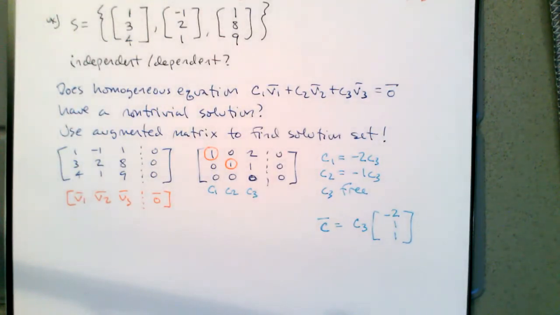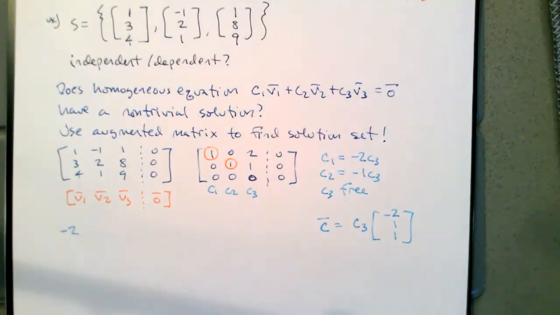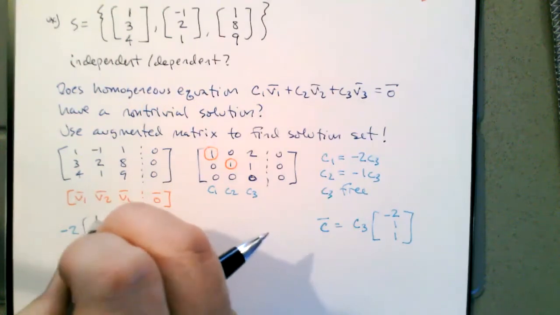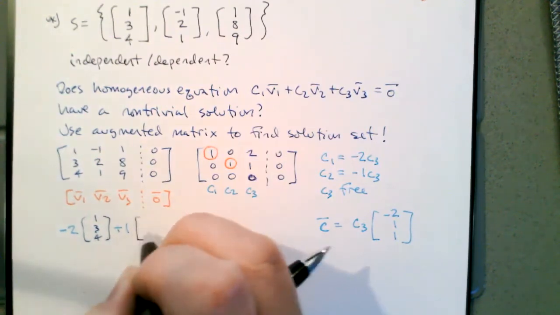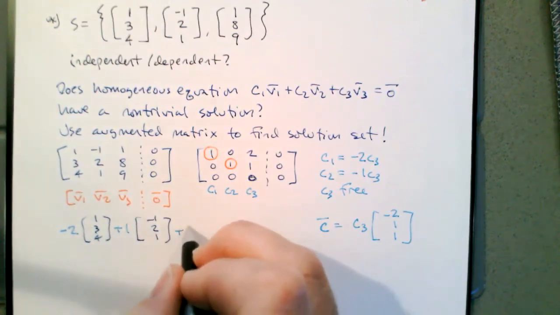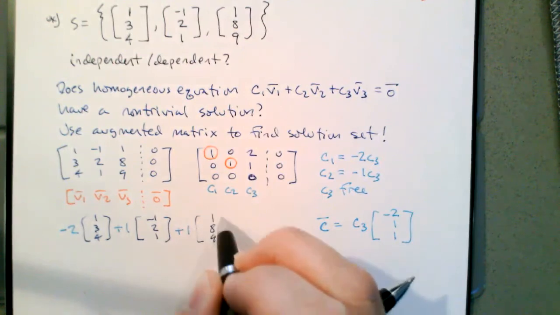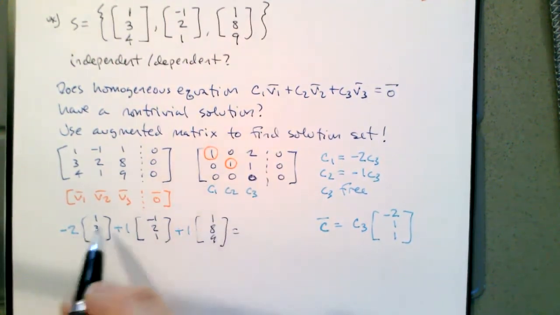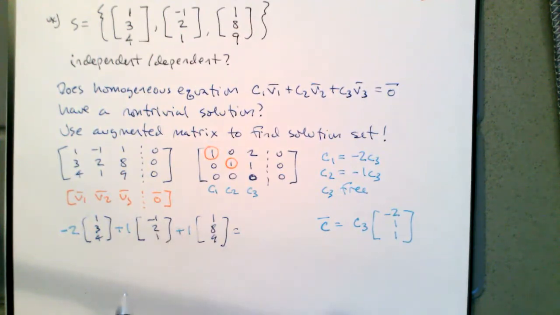We can check this solution. If I take -2 times v1 plus 1 times v2 plus 1 times v3, we get -2 minus -1.